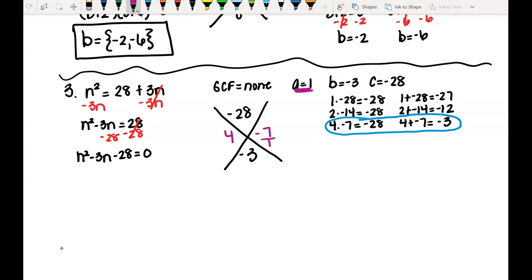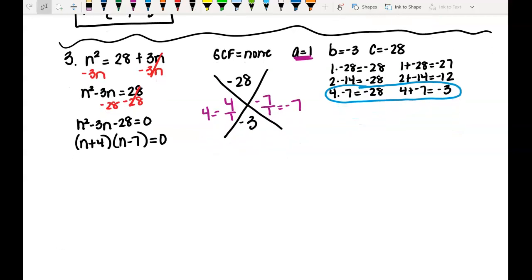Okay. Again, divide both sides by a, which does not change my factors. So 1 parenthesis is n plus 4. 1 parenthesis is n minus 7 equals 0. And again, the last step then is to take those two factors individually and set them equal to 0 and solve. So n plus 4 equals 0. n minus 7 equals 0.